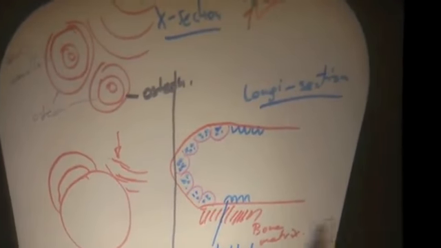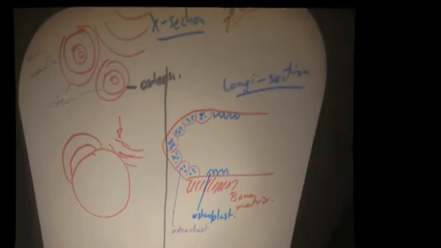So this is osteoblast. Now, obviously, as you have osteoblasts there, they're going to start laying down some fresh bone matrix, and eventually they become embedded within it.